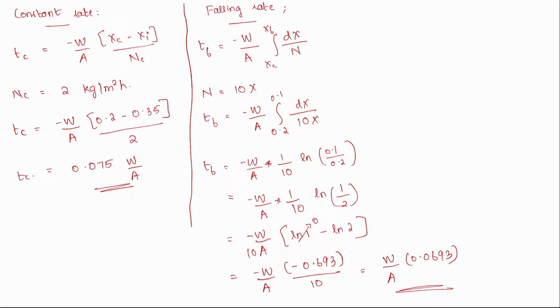Now, we know that the total time is 5 hours, which is 5 equal to Tc plus Tf. Now, substitute the values for Tc and Tf in this equation.